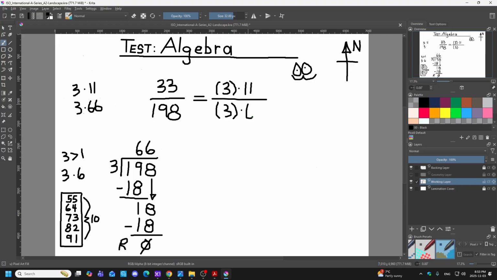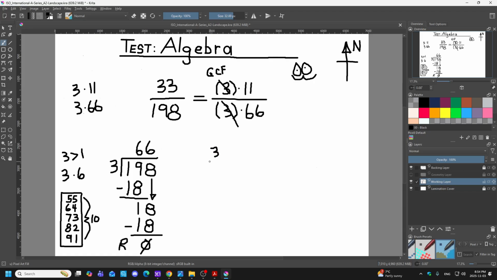So I could put 66 here, and now we just got to reduce. So canceling our 3's, because this is what the greatest common factor is. We want 2 common numbers that will divide with each other.